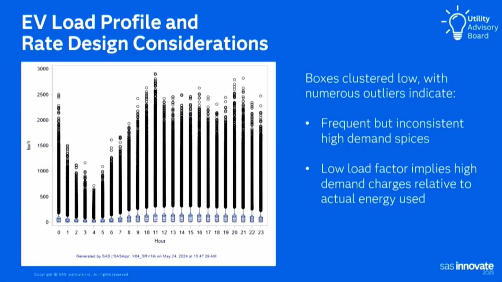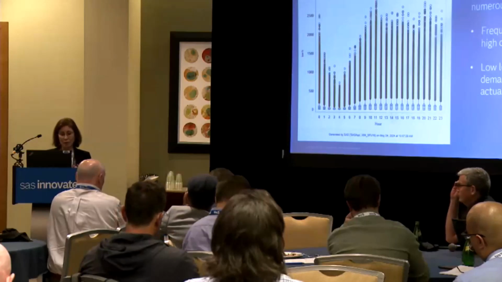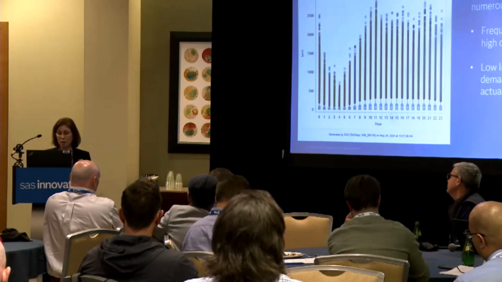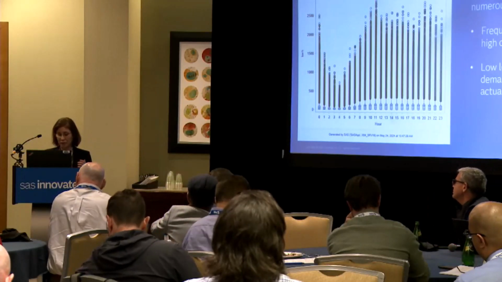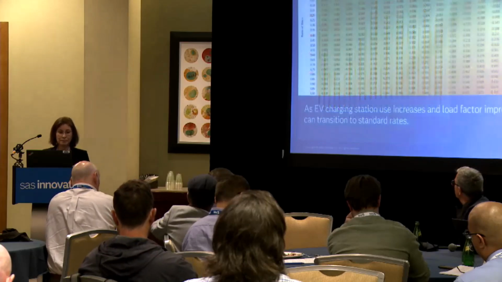So as usage at that station grows and that load factor improves, customers can transition to standard rates, benefiting from more favorable pricing. And I'll show you that in the next slide. This strategy not only drives investment and support program growth, but also aligns with broader policy goals for transportation electrification.